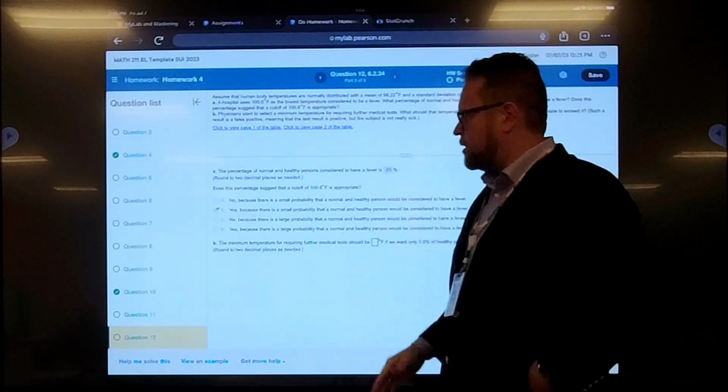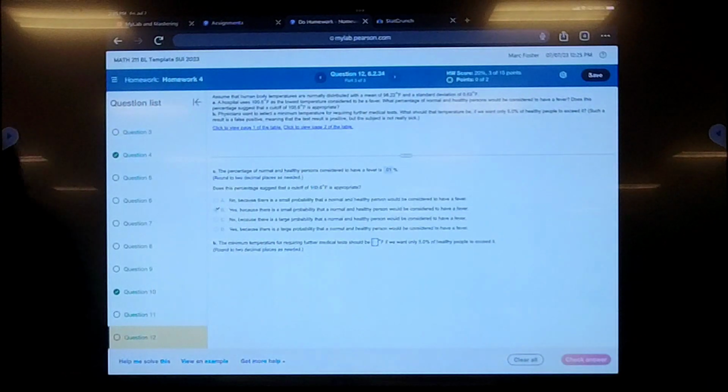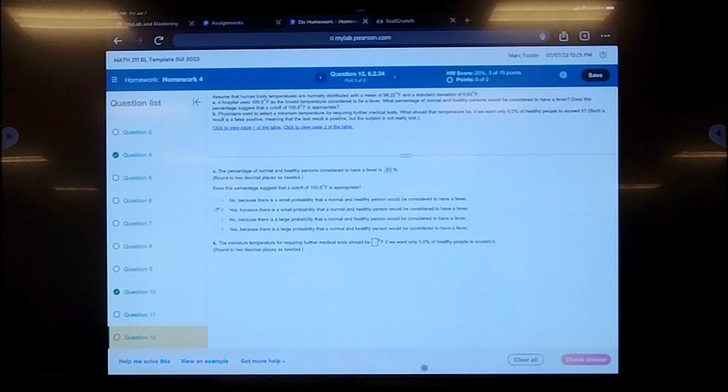Yeah. Okay. So the minimum temperature for requiring further medical tests should be some such and such temperature if we only want 5% of normal and healthy people to exceed it. All we've got to do is put 0.05 on the percent thing. On which side? On the right side, because that's where the fevers are, on the high side.